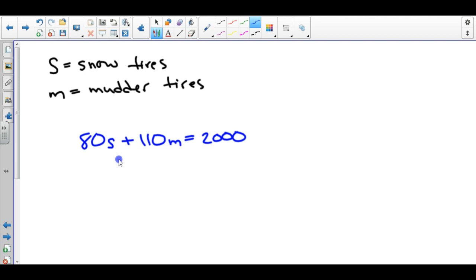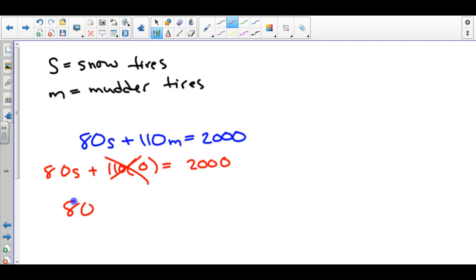So I've defined my variables, I've written an equation, and now I'm going to solve for the intercepts, which is what we had just done. So if I want to first find the intercept for the number of snow tires, I would substitute 0 in for M, which in context of our problem means you would sell 0 of the mudder tires and only snow tires. So this will solve just like our problems before. That goes away, and I have 80S equals 2,000. So I'm going to pull out the calculator.